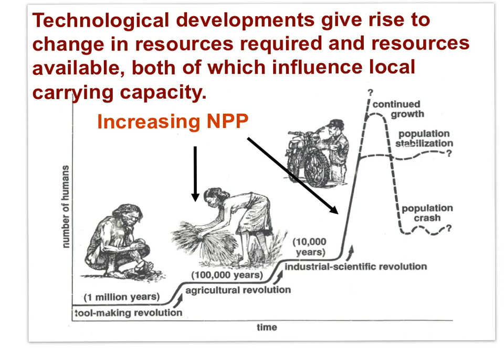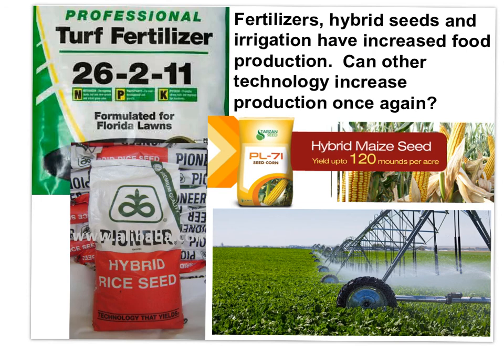What new technologies might arrive, allowing humans to increase the kilograms of food harvested per square meter of land? Gene technology? Fertilizers, irrigation, and hybrid seeds were the driving forces in the Green Revolution. Truthfully, cheap fossil fuel was also very important.